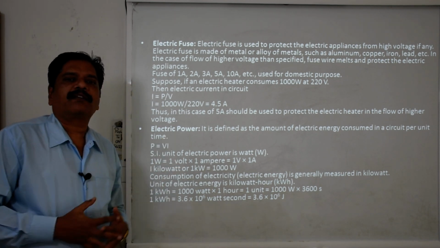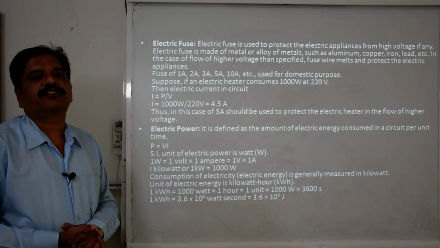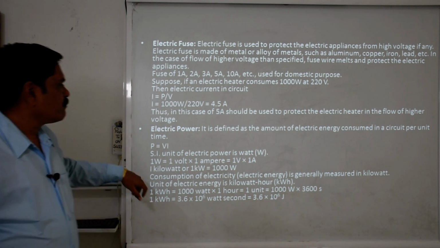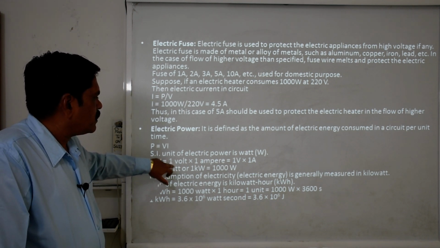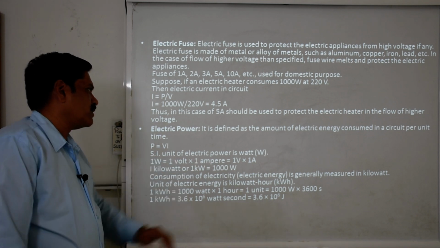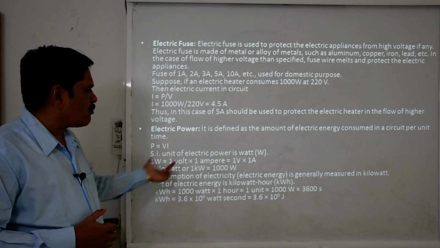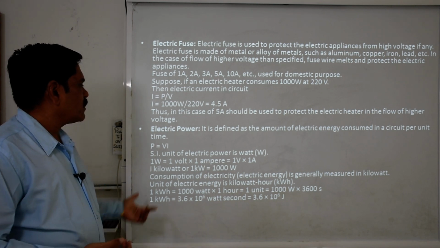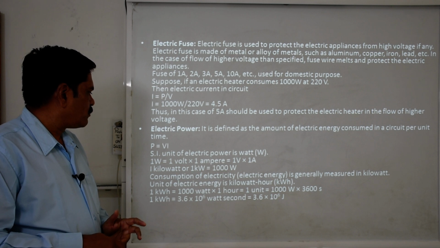The unit is the watt, denoted by capital W, and 1 watt is equal to 1 volt into 1 ampere, that means W is equal to VI. 1 kilowatt is equal to 1000 watt, and the consumption of electricity is generally measured in kilowatt.